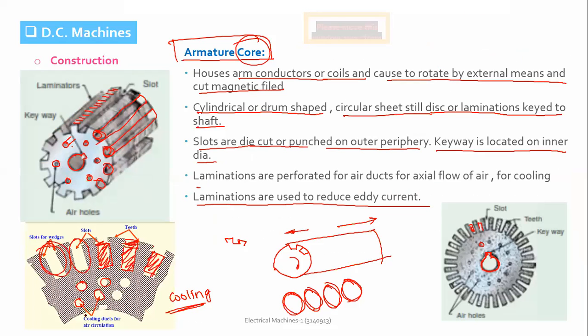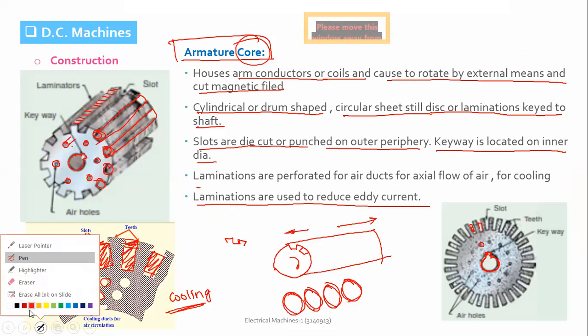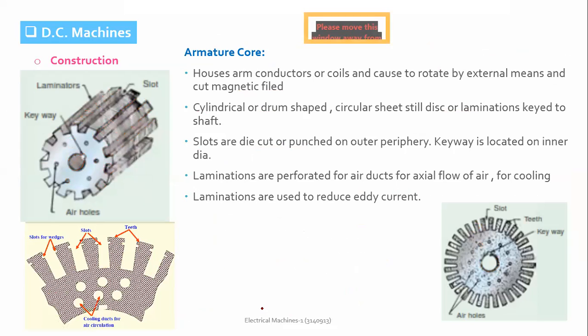There are different types of slots generally available in the machine depending upon the ratings and size. This is called the teeth, the unslotted part, and this is called the slot. In this slot we put the armature conductors.